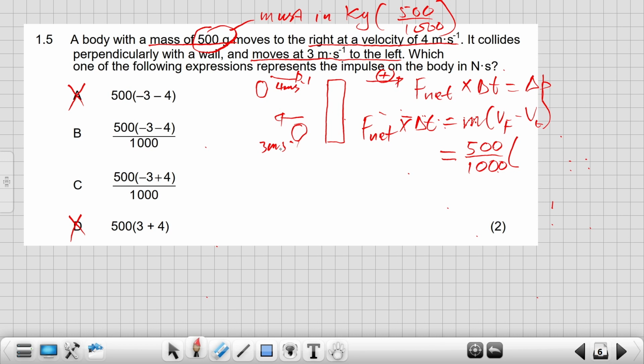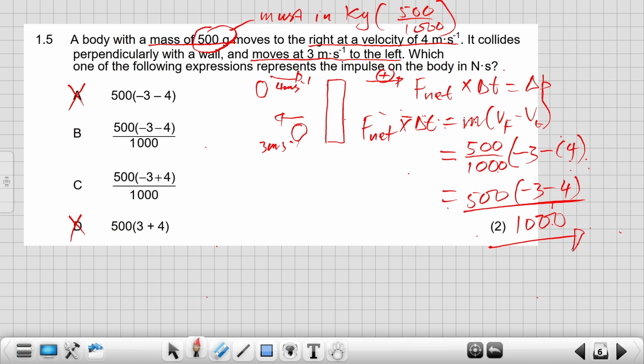So it means my 3 meters per second must be negative 3, and my 4 meters per second must be positive 4. So if I check here, I'm going to have something that looks like 500 into (negative 3 minus 4) over 1,000. Can I check if I have such an option? Yes, I do, and that should be option B. So option B is the correct answer for that.